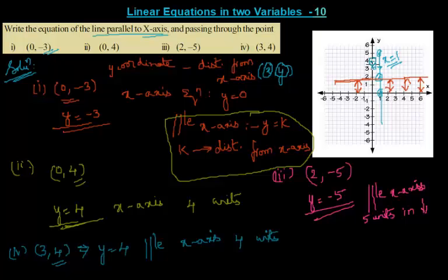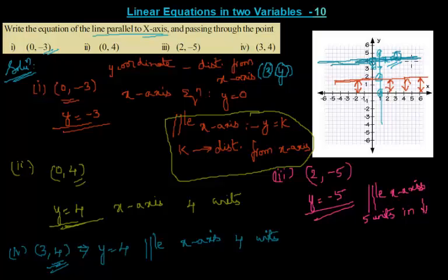And y is equal to 4 means the line will be passing through this point. Now, let us see this point 3, 4. The 3, 4 point is also lying on this.